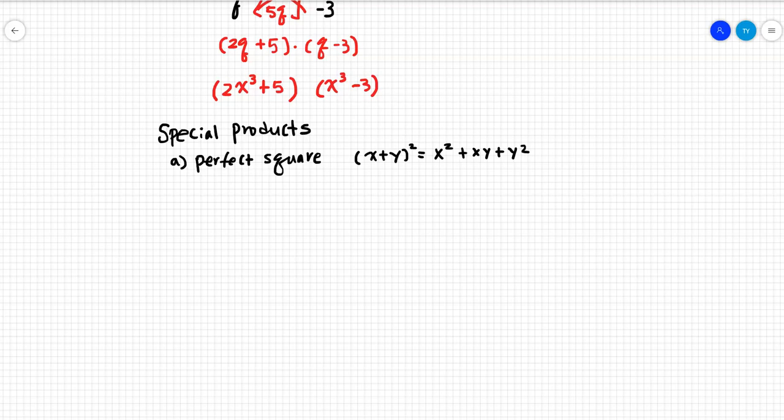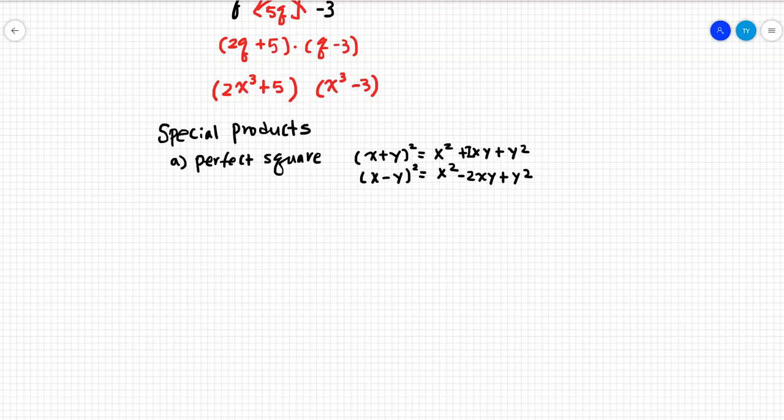And if I have x minus y squared, that's going to be the same as x squared. Oops, sorry, I've got the 2 in between. And minus 2xy plus y squared. That's what we call the perfect square.